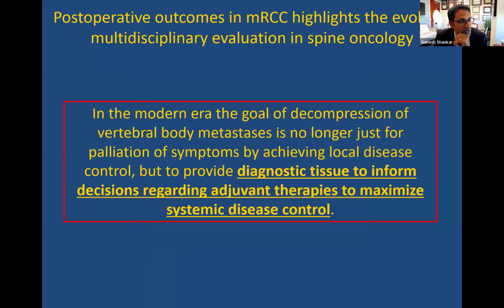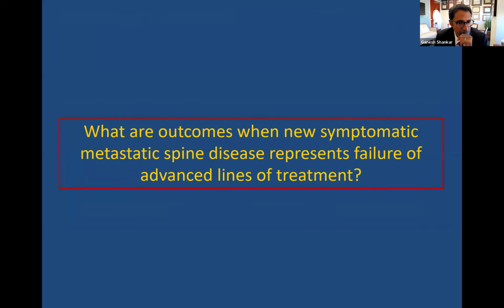And while we think of our roles as surgeons to be more mechanical, of decompressing and stabilizing, we actually have a very important role in acquiring additional tissue safely during that process to guide these other decisions in terms of other classes of medications that patients can go on, depending on new sensitivities to these agents.